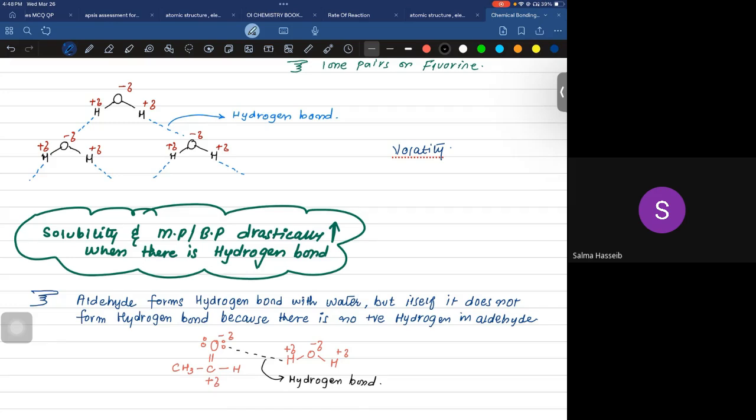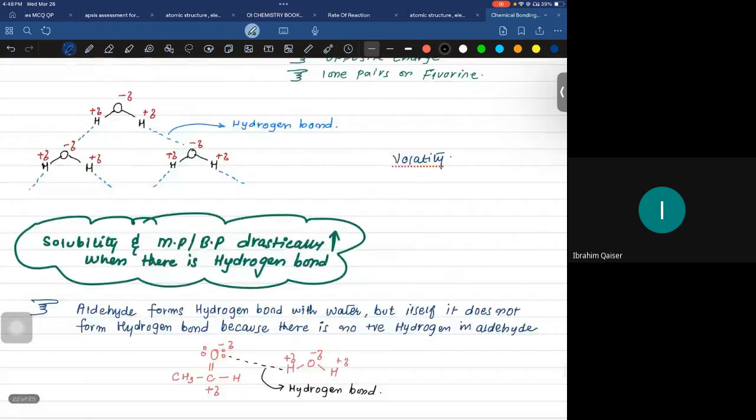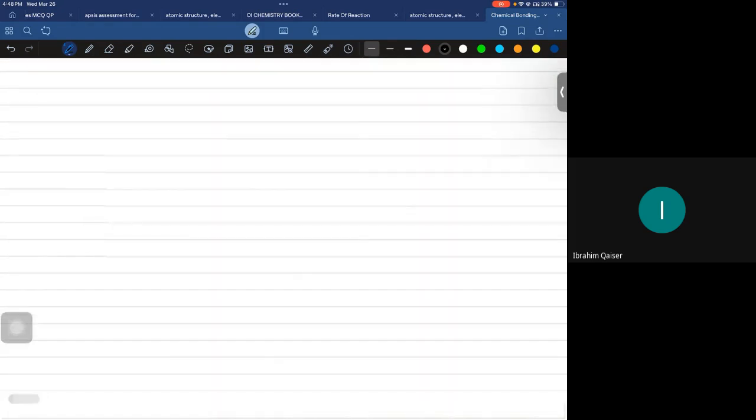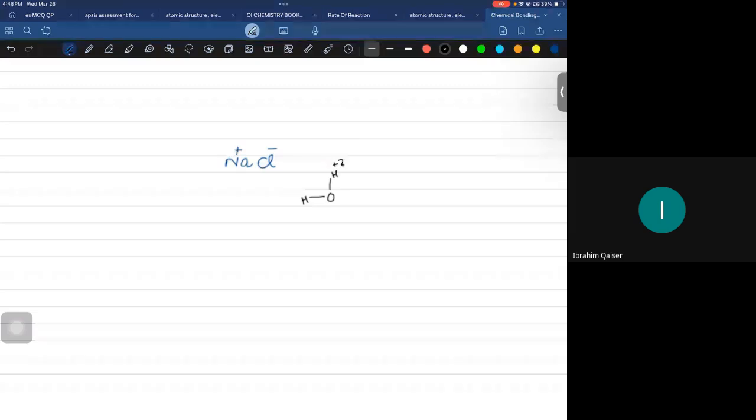Can you repeat that, sir? Why would solubility increase in a hydrogen bond? Oh, okay. Let's suppose this is sodium chloride, negative and positive, and this is the water molecule.